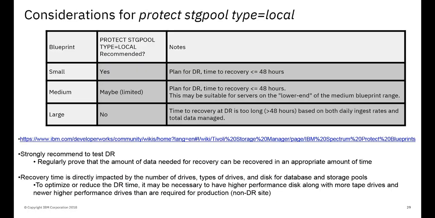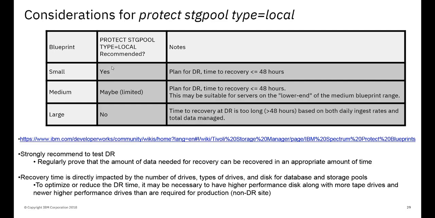So taking into consideration the repair steps that have to first occur against the directory container before we can restore the data out to the client, let's look at some considerations for the protect storage pool type equals local. We'll look at this from the perspective of a small, medium, or large Spectrum Protect server instance, as laid out in our blueprints, and I put the link here. If you have a small Spectrum Protect server, the protect storage pool type equals local, so making a copy of your directory container out to tape, is recommended.